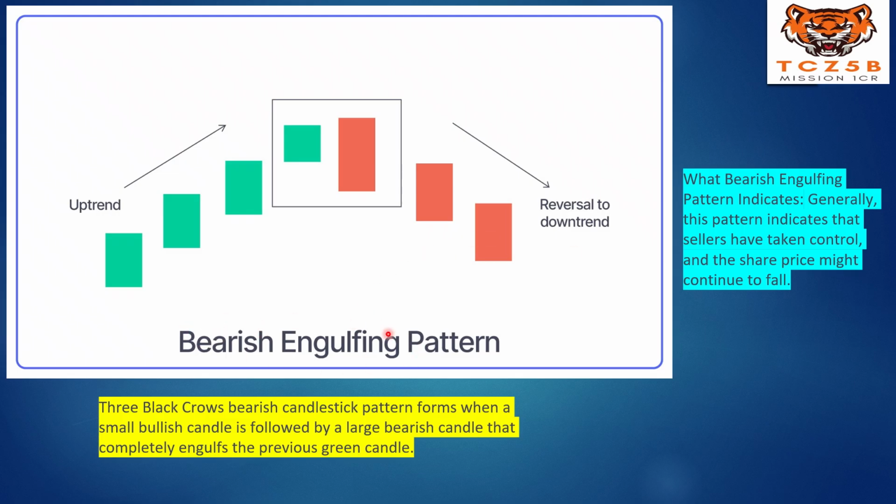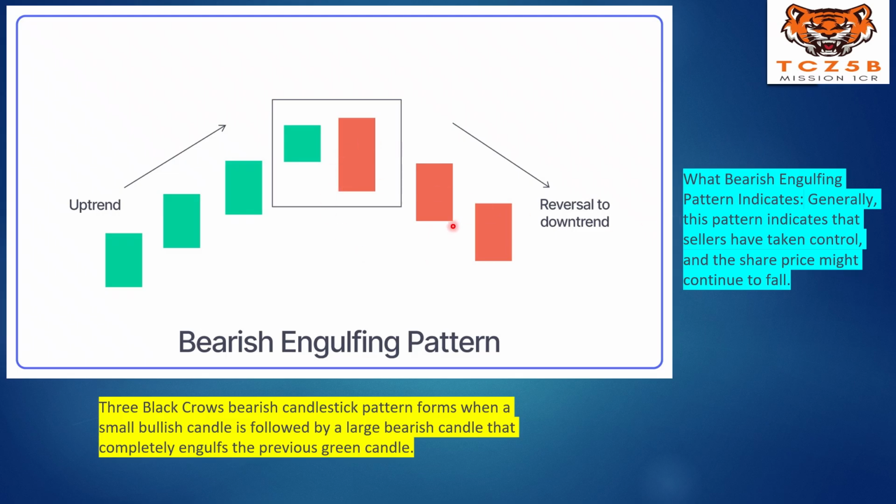So the first pattern is the bearish engulfing pattern. You can see in the chart, this bearish candlestick pattern forms when a small bullish candle is followed by a large bearish candle. You can see in this graph there is an uptrend. There is a small green candle here, and there is one bearish candle that completely engulfs the previous green candle.